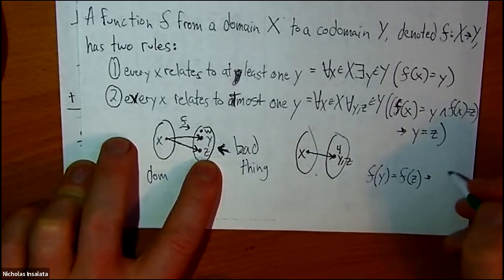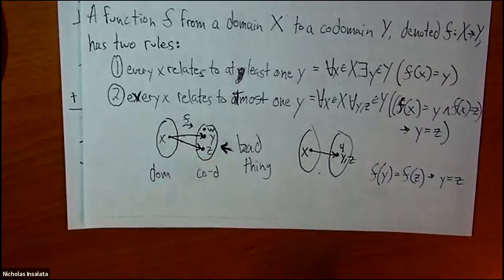y equals z. Oh, I think it is the same actually. I take that back. I think it's the opposite. Yeah, I don't think it's even the opposite. I think it's just different.